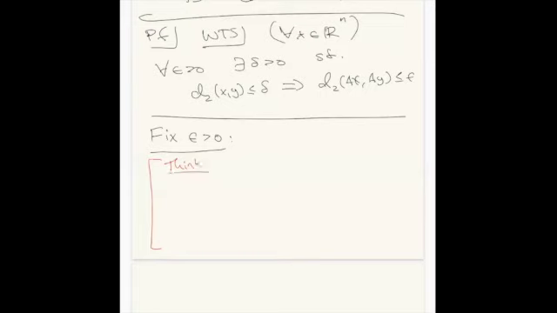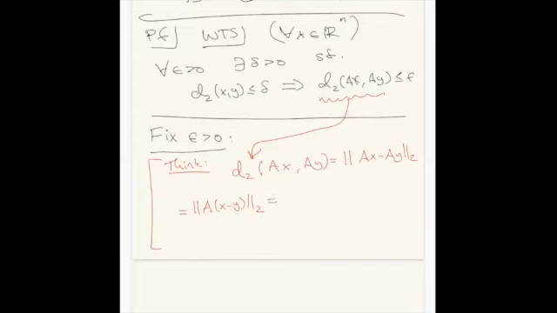So side computation, let's think a little. Okay, so we have distance is what we want to estimate. So let's look at distance between AX and AY. This is the same thing as norm of AX minus AY. And this is the same thing as norm of A of X minus Y by linearity.